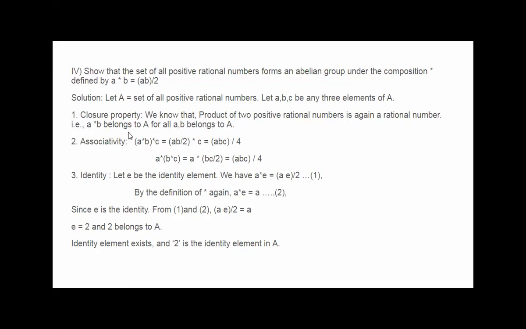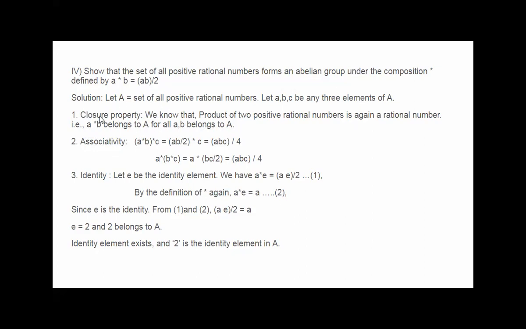Whatever the two numbers are, the operation is the multiplication of those two numbers divided by 2. So here we have proved the closure property.